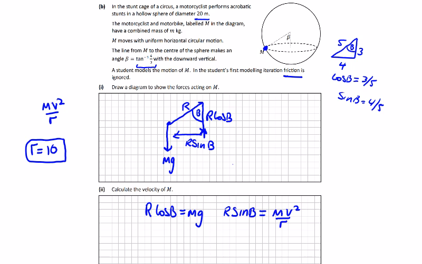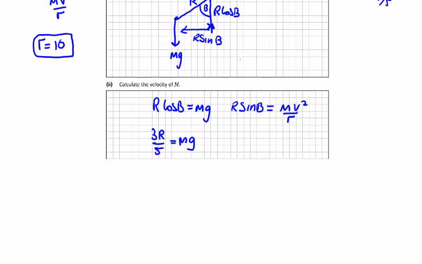We have the cos of β is 3 over 5, so we have 3R over 5 is equal to mg. So we get an expression for R here: 5mg over 3 is equal to R.